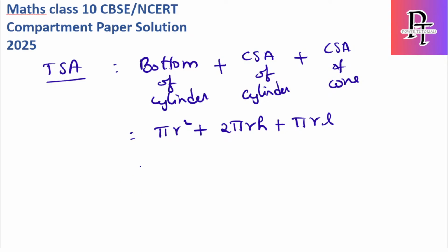So let's take pi r as common. Pi r, if we take common, becomes pi r into (r plus 2h plus l).